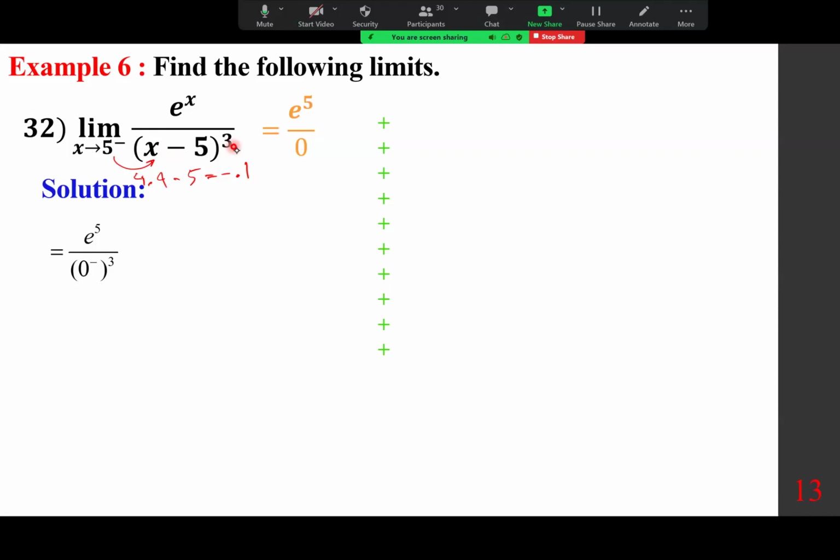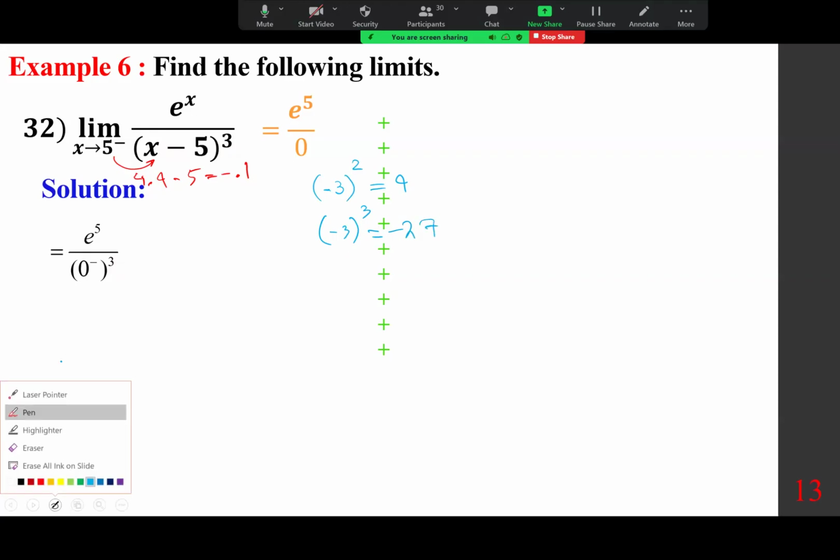And we know that if you have a negative number and you raise it to the power of even versus odd, it makes a difference. For example, if I said negative 3 and I want to raise it to the power of 2, I get positive 9, but negative 3 raised to the power of odd, such as cube, I get negative 27.